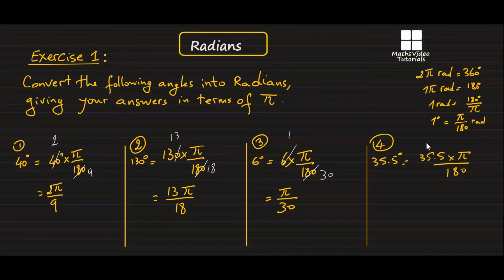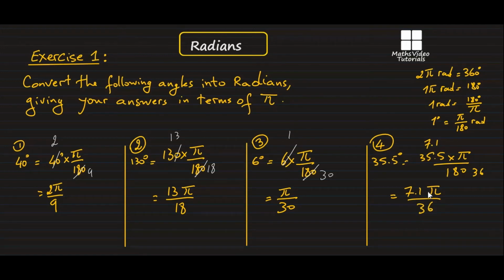So 35 divided by 5 is 7. 0.5 divided by 5 is 0.1. 180 divided by 5 is going to be 36. So the answer is 7.1 pi over 36.